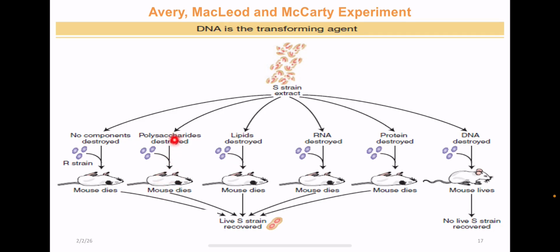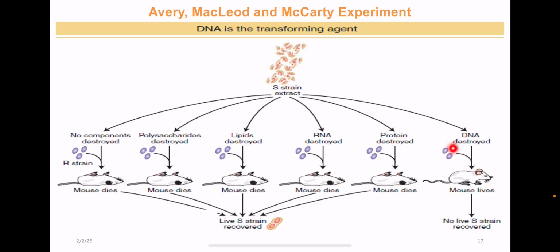All right. So the second one, he took the killed S strains and destroyed the polysaccharide or the carbohydrate components. The mouse died. He actually mixed them with the R strains as well. He did the same for lipids. Mouse died. RNA. Mouse died. Proteins. Mouse died.